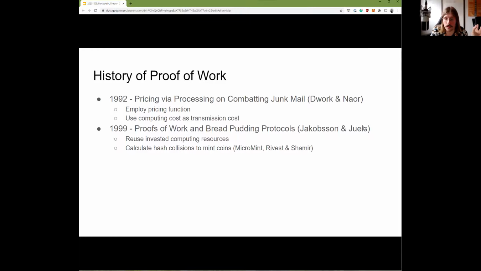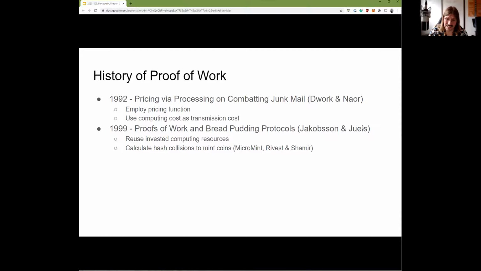So it's so easy to send so much spam. And now they envisioned that users who want to send an email have to solve a pricing function, so pay with computing power they invest, that is cheap enough that for a normal user it's basically still free, but for malicious actors it becomes too expensive to send spam mail.